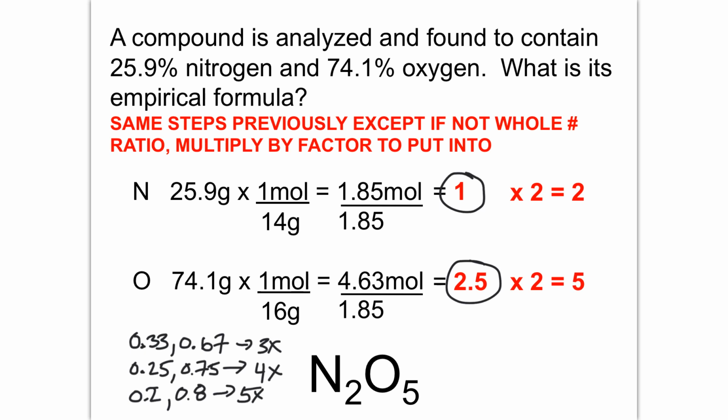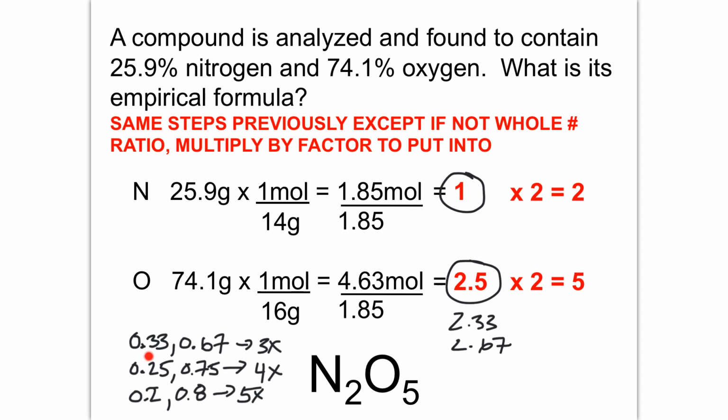Now, in the case that you get a different number here, let's say you get 2.33 or 2.67 or something like that, the factor you'd have to multiply by is not 2, it would be 3, because 3 times 2.33 is 7, and 2.67 would be 8. So here are the factors that you would use.